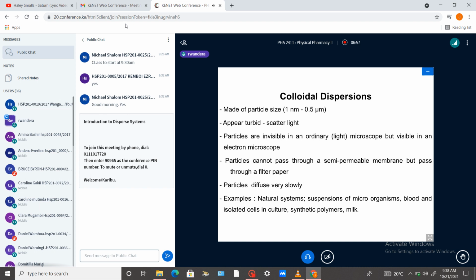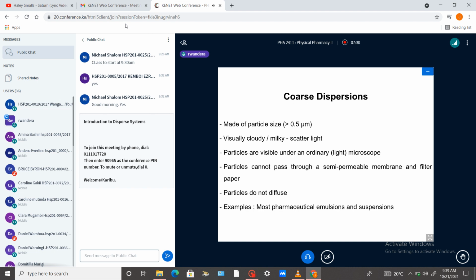And a good natural colloidal dispersion is the milk that we take. So for colloidal dispersion, you have to remember the size range is between 1 nanometer to 0.5 micrometers. Anything that falls within this range will form a colloidal dispersion.